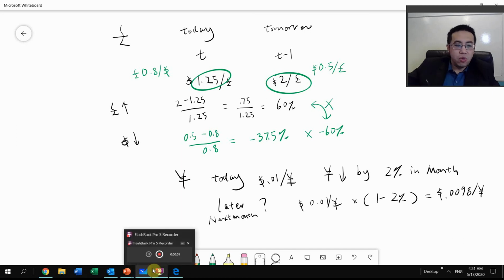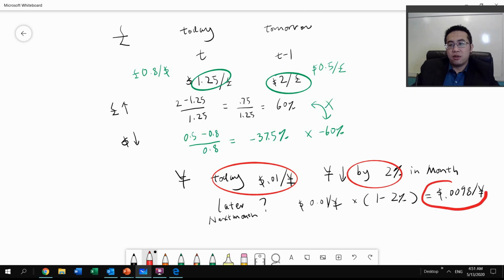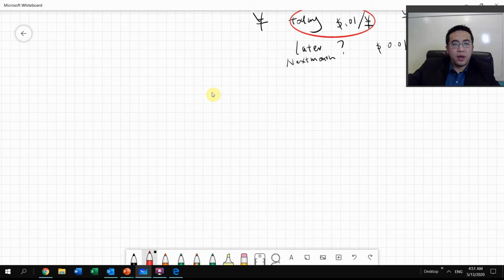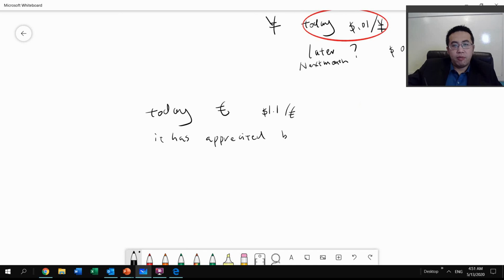So this question is basically asking you to know the rate today and the amount of depreciation to get the future rate. Here is another question. Let's say today the euro rate is $1.1 per euro, and it has appreciated by 10% in the past month.